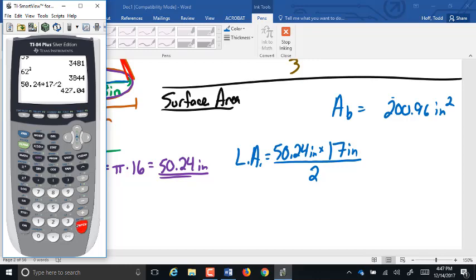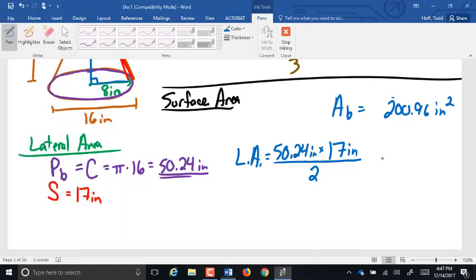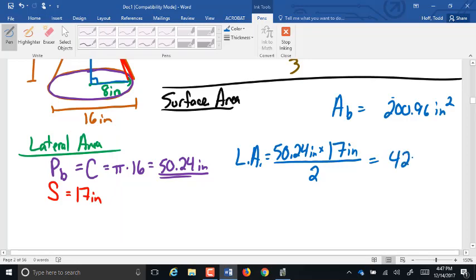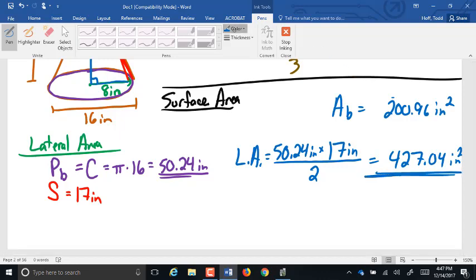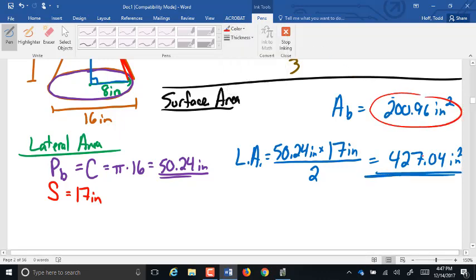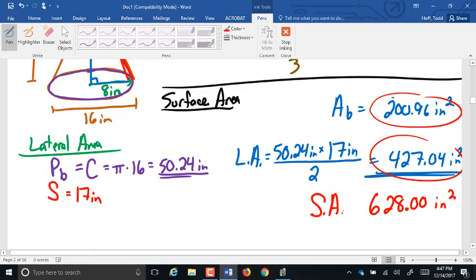So 50.24 times 17 divided by 2 is 427.04 square inches. That's our lateral area. We add those two numbers, giving us 628.00 inches squared as our surface area.